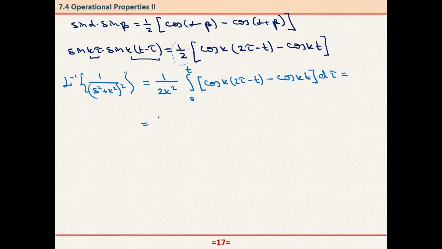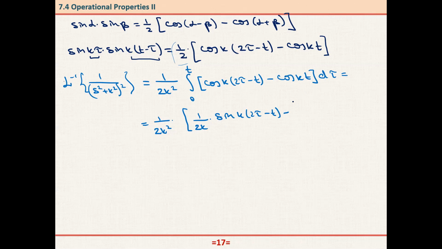It's just equal to 1 over 2k squared. It is just a cosine function. Our variable here is tau, right? So it is 2k. I can just write here 1 over 2k times sine of k times 2 tau minus t.